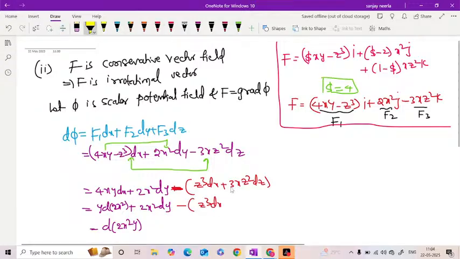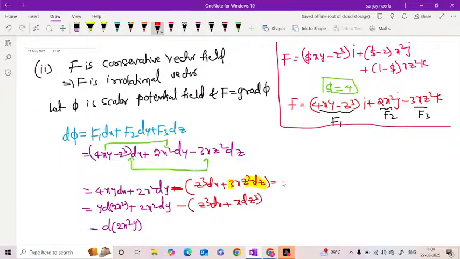Because here there is a 3 and there is a z cube, we can create plus x into the derivative of z cube. By using the product rule, we can write the derivative of x z cube, and it is equal to d pi.